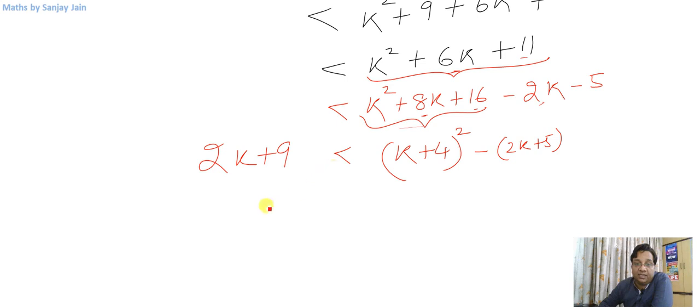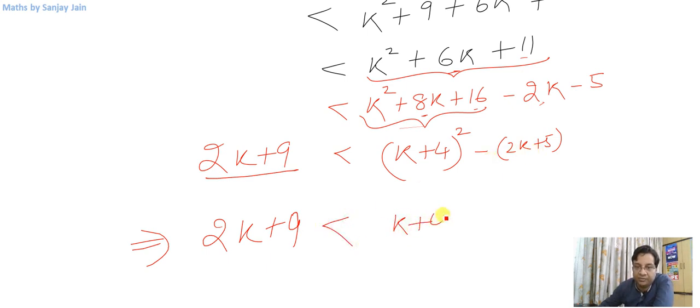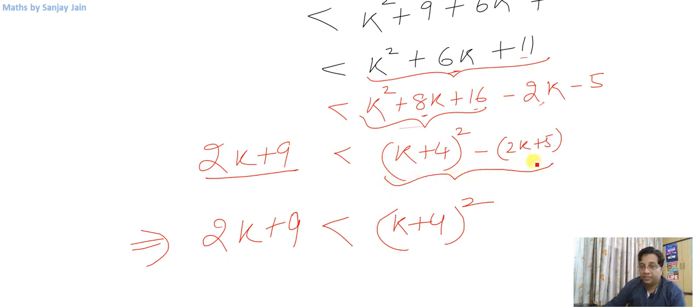Can I say if 2k plus 9 is lesser than k plus 4 squared minus something, then it will definitely be lesser than k plus 4 squared? Yes, because this term that is written here is itself lesser than k plus 4 squared. So obviously something that is lesser than this term will definitely be lesser than the term which is more than it.